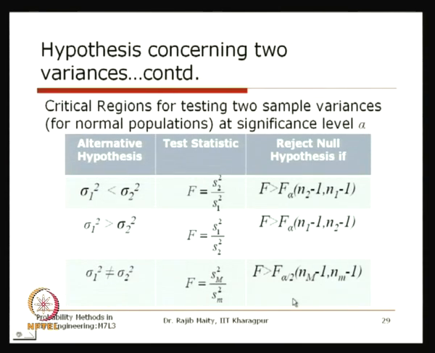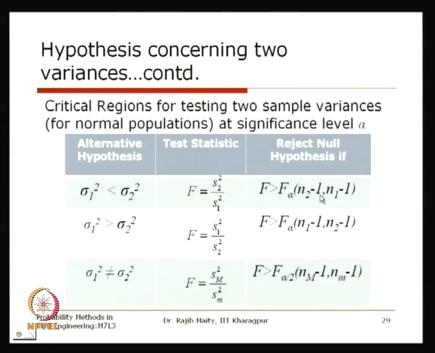So, here there are again 3 different cases and 3 different test statistics, whether the first one is less than the second one, or the first one is greater than the second one, or they are not equal. Depending on that you have to find out your critical region.